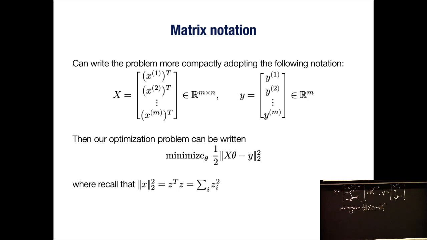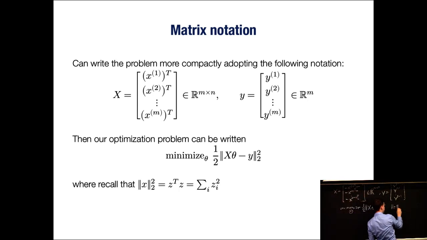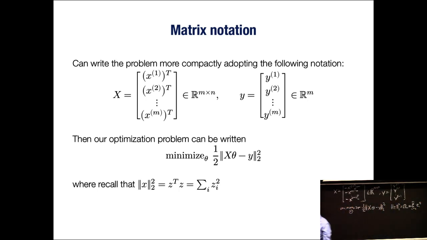Remember, the Euclidean norm squared of a vector is defined for any vector z as z transpose z, which is also equal, by the way, to the sum from i equals 1 to n, if z is n-dimensional, of z_i squared. So I'm claiming those two things are identical.